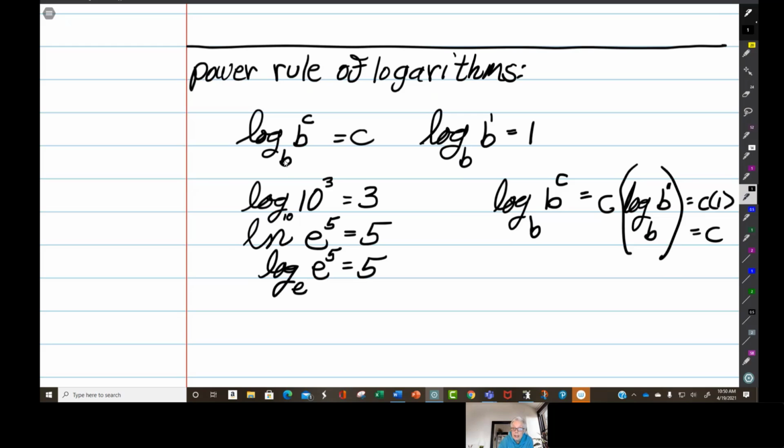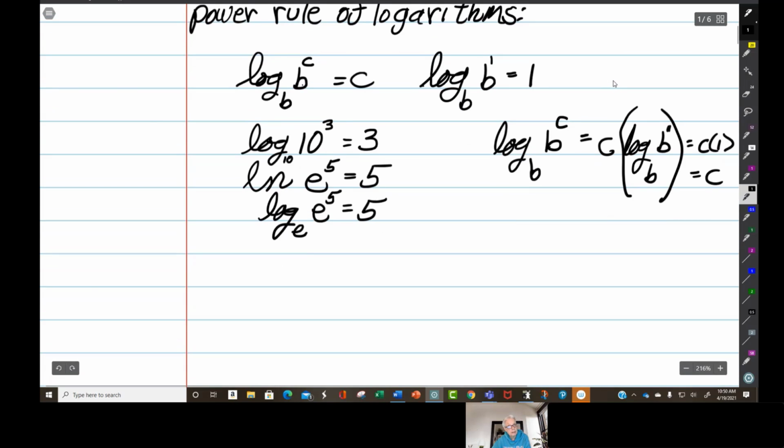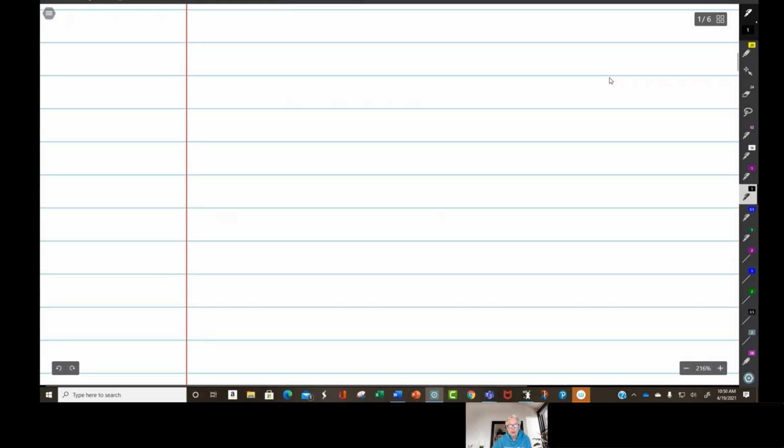But you can't do it unless the base number and the argument number are the same. Or I should say the base and the argument. But that's really playing with language, so let's not do that. Okay, I just wanted to show you that shortcut that you will use.